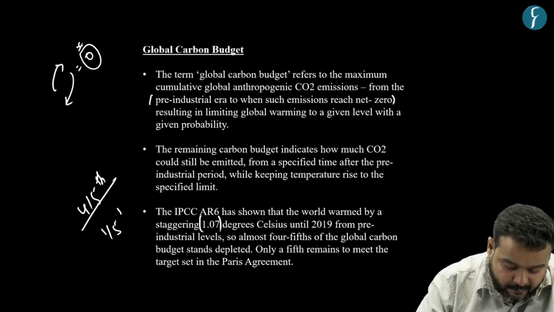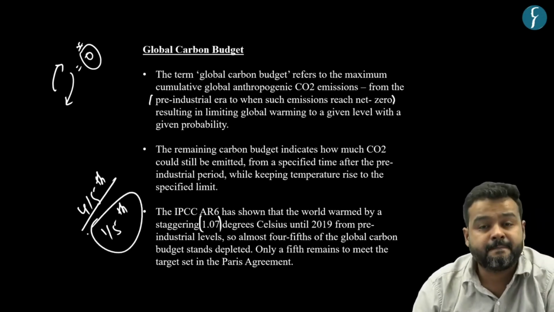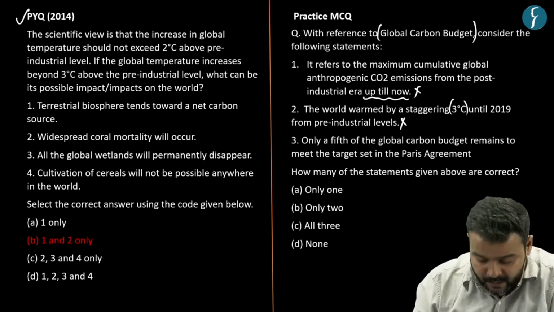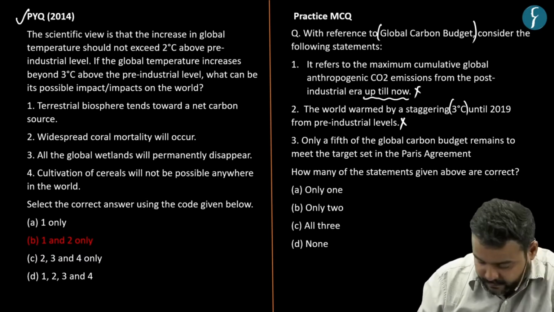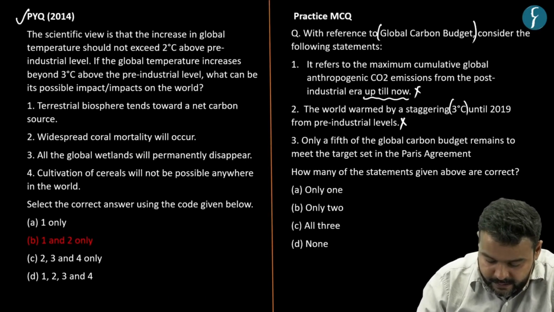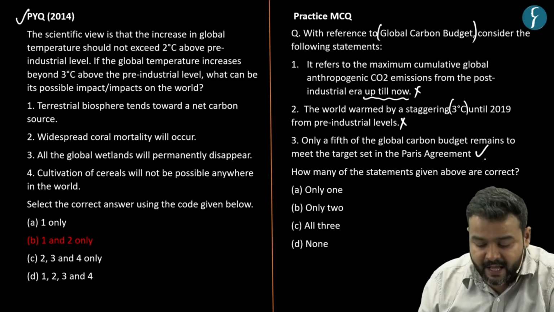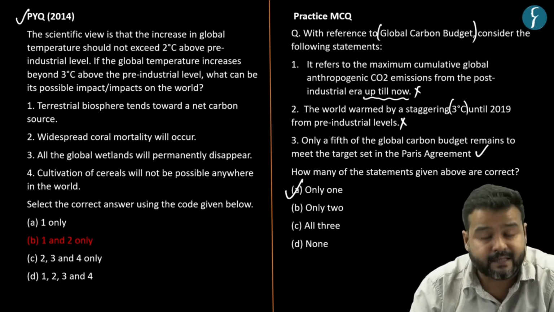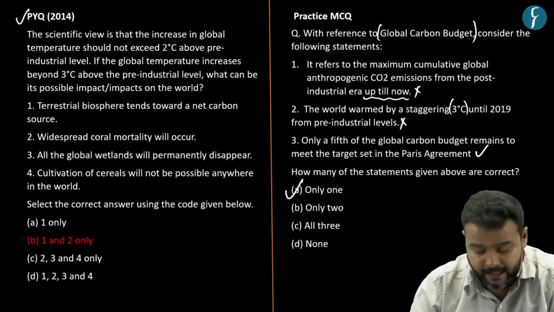So only 1/5 is remaining with us. So yes, the third statement is correct. As you had to find the correct statement, our answer would be A, that is only one. Fine.